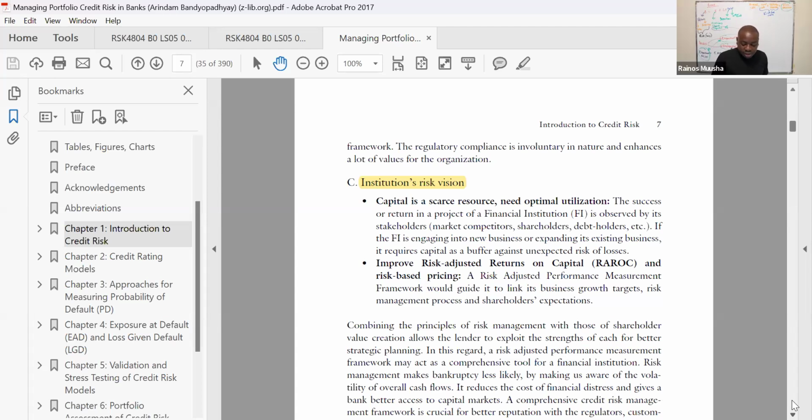If the financial institution is engaging in a new business or expanding an existing business, it requires capital as a buffer against what? Unexpected risk of losses. Then you also look at improved risk-adjusted return on capital, which we're going to look at later, and risk-based pricing. They say a risk-adjusted performance measurement framework would guide the link between business growth targets, risk management process, and shareholder expectations.